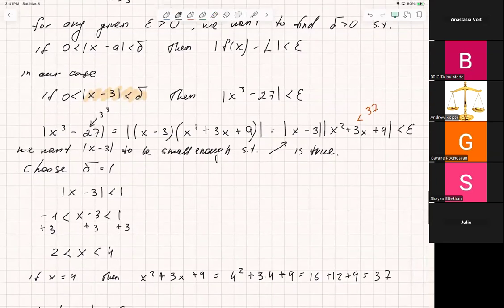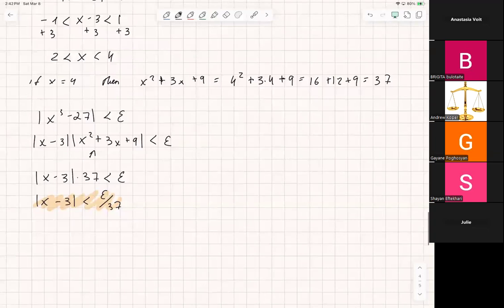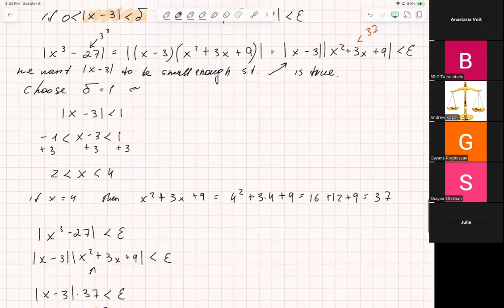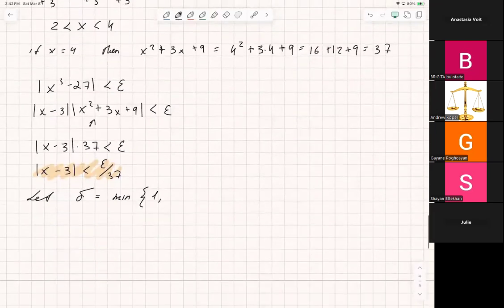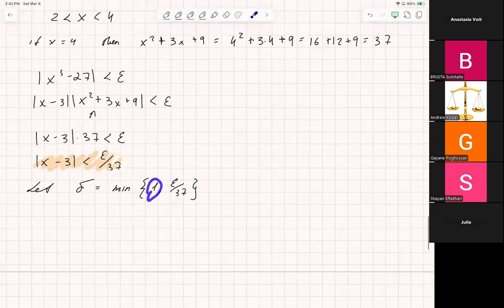So we can say, let delta be the minimum of 1, our first initial guess, and epsilon over 37. You will end up using the term in terms of epsilon anyways, but we need to have this initial guess for these cases.